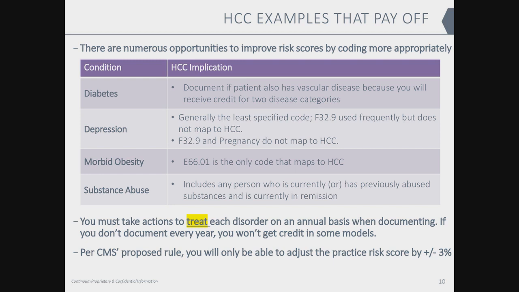What we do find that's very repetitive is diabetes. People will use E11.9 or an unspecified type 2 diabetes code. We want every doctor trying to give us as much detail. Is this diabetes that is controlled with no complications? It may not get you as much credit, but I want to know that, because when I see that, I know that doctor's thinking.